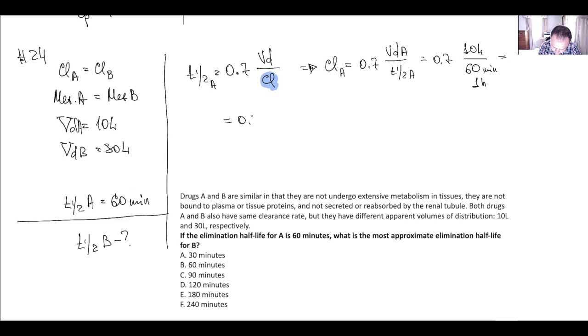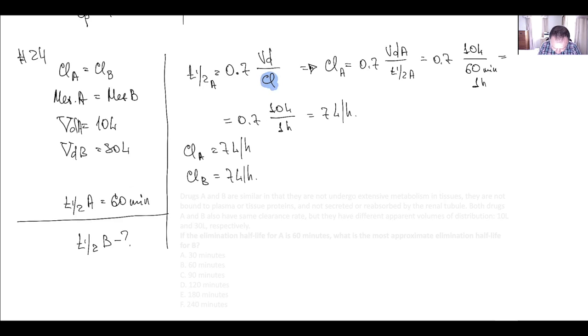It will be 0.7 times 10 liters over 1 hour, and it will be 7 liters per hour. So the clearance for drug A is 7 liters per hour. And we know that clearance of drug A equals clearance of drug B, so clearance for drug B is 7 liters per hour as well.